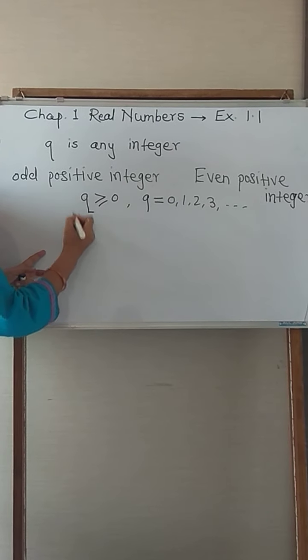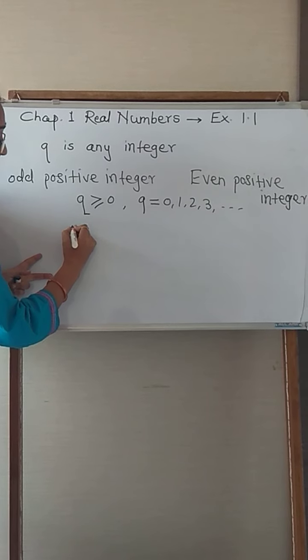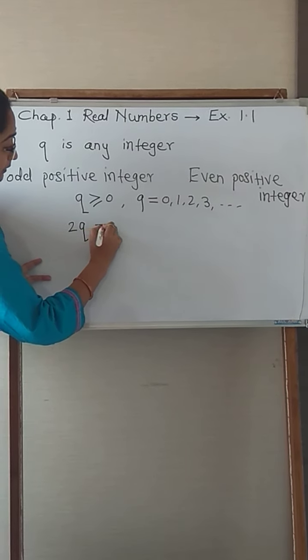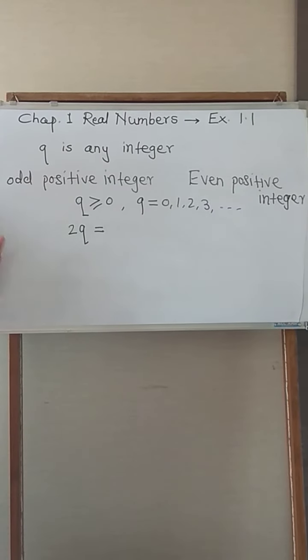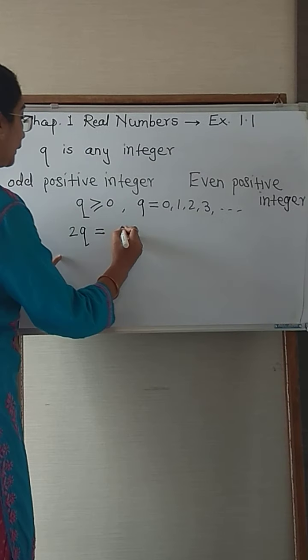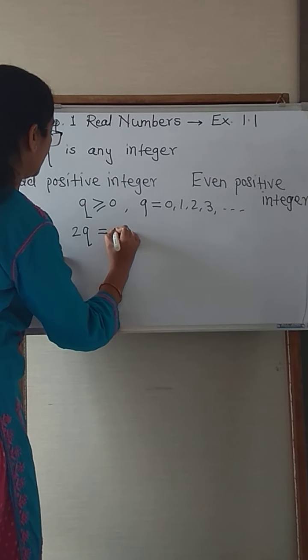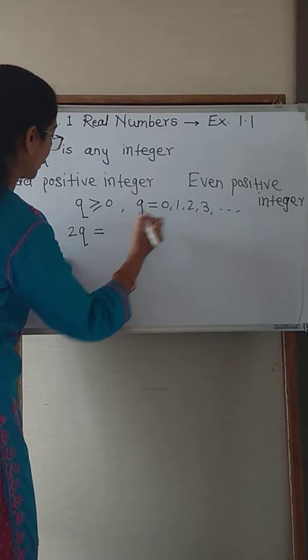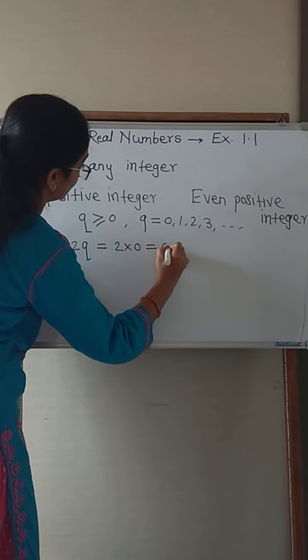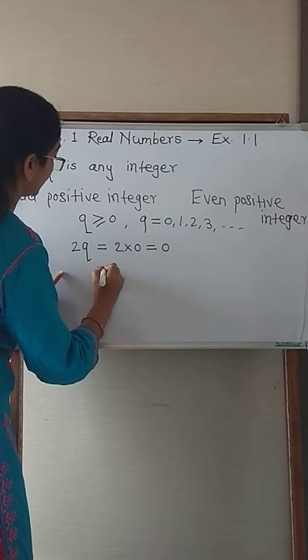If we multiply this positive integer by an even number, that is starting from 2q, then we will get only the even positive integer. Now let us check 2q when q is equal to 0, starting from 0 here, 2 into 0 is equal to 0. Then 2 into 1, the next positive integer, is equal to 2.